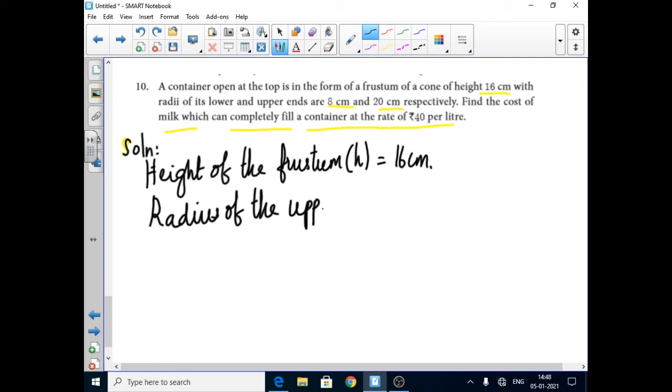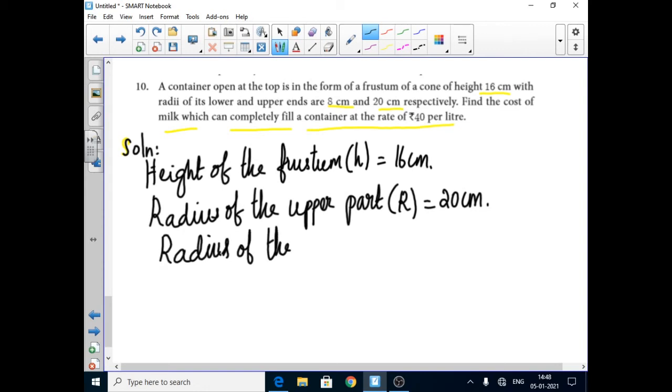If you get any confusion about which one is larger, that is the outer radius, and which one is smaller, that is the inner radius. So the upper part, capital R, is equal to 20 centimeter. Next, radius of the lower part, small r, is equal to 8 centimeter.